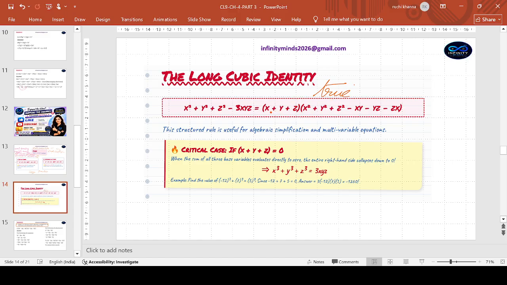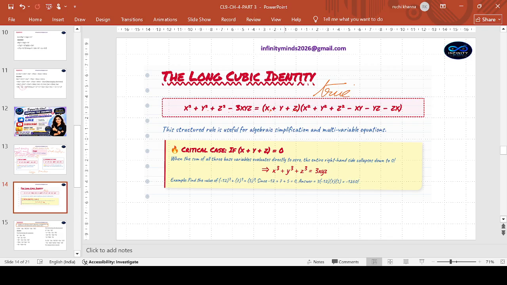If you start opening, pick up one term of this x plus y plus z bracket, first term x, multiply with the entire second bracket, then second term y with the entire second bracket, and so on. Because the minus and plus terms will cancel, you will ultimately get x cube plus y cube plus z cube minus 3xyz.